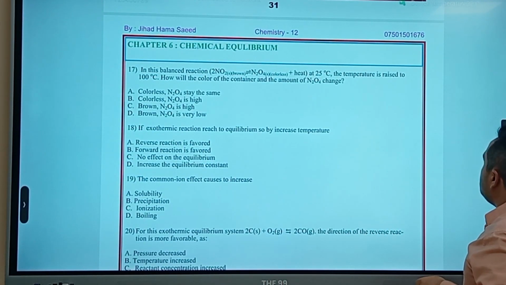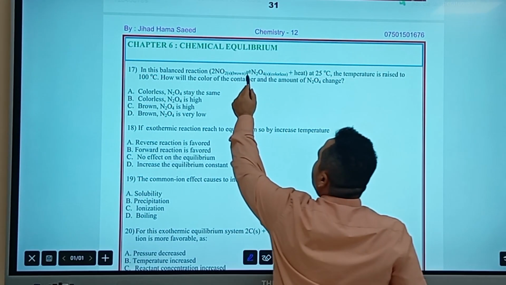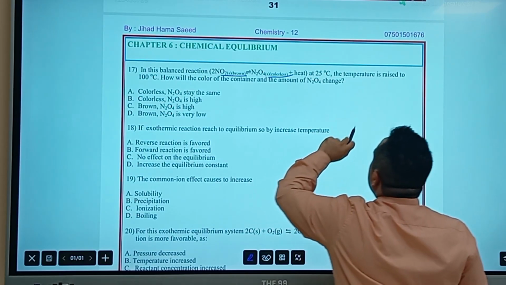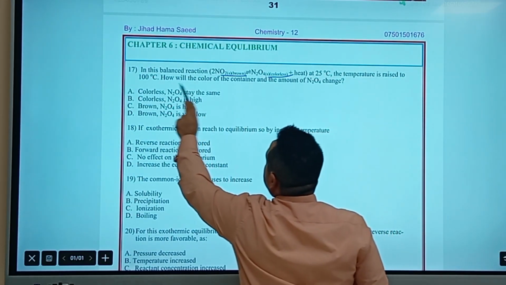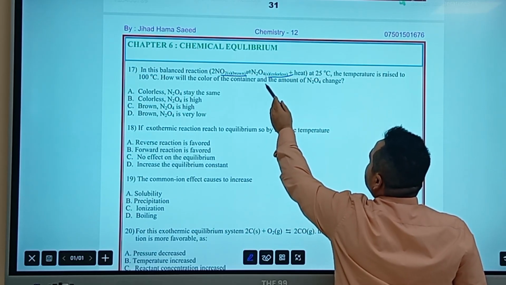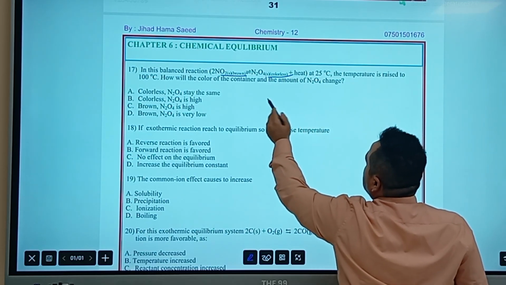In this reaction, we have a brown NO2 and a colorless N2O4. The temperature is rising to 100. How will the color of the container change and the amount of N2O4 change?